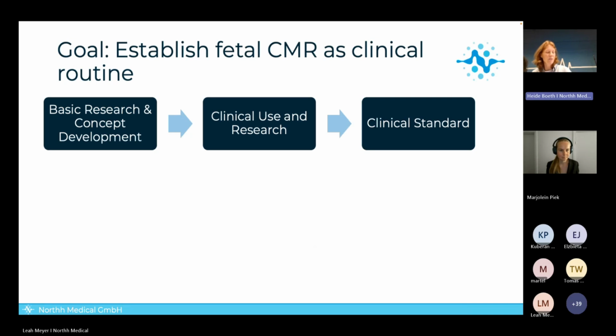The goal, of course from us but also from the whole community, is to establish fetal cardiac MRI in the long term as a clinical routine. Basically, we can distinguish three main steps of development. The first is basic research and concept development. The second is clinical use and research.